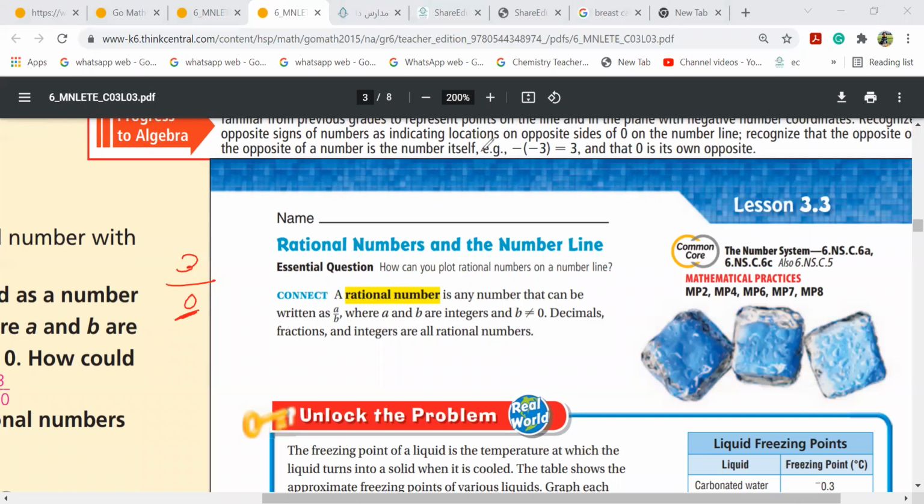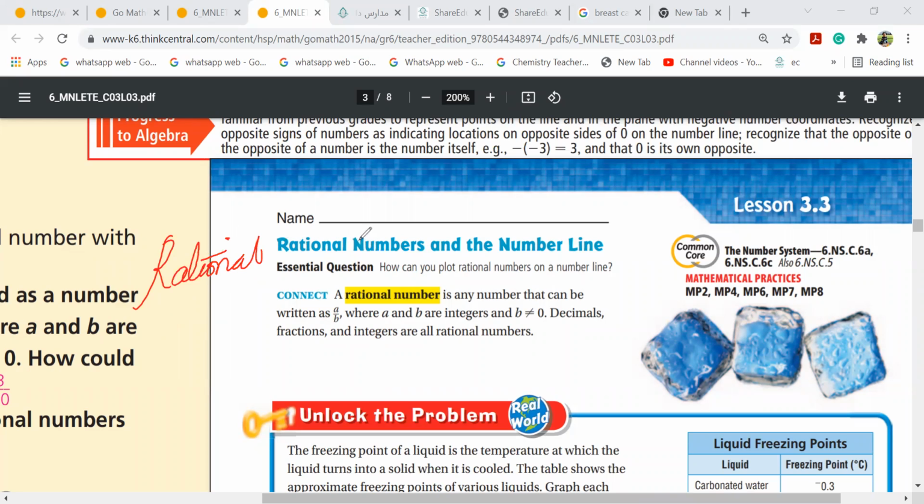This will be very important for your quiz, put a star mark. Any number that can be written as A/B, where A and B are integers, like 1/2, -1/-3, and B is not equal to 0, is called a rational number.